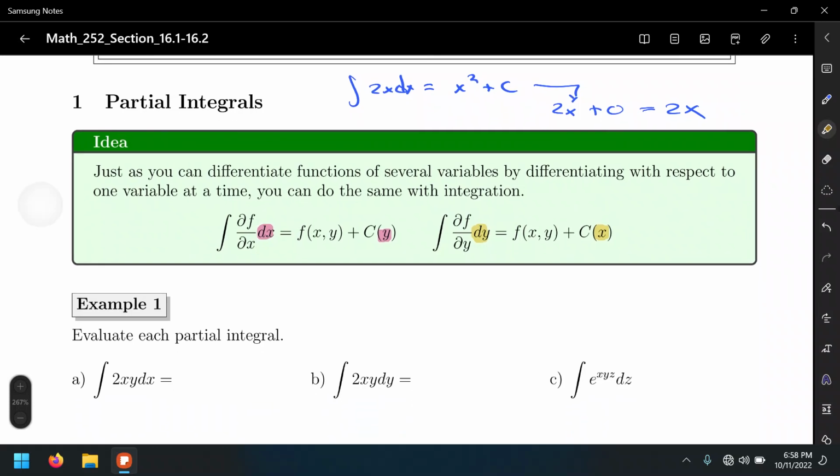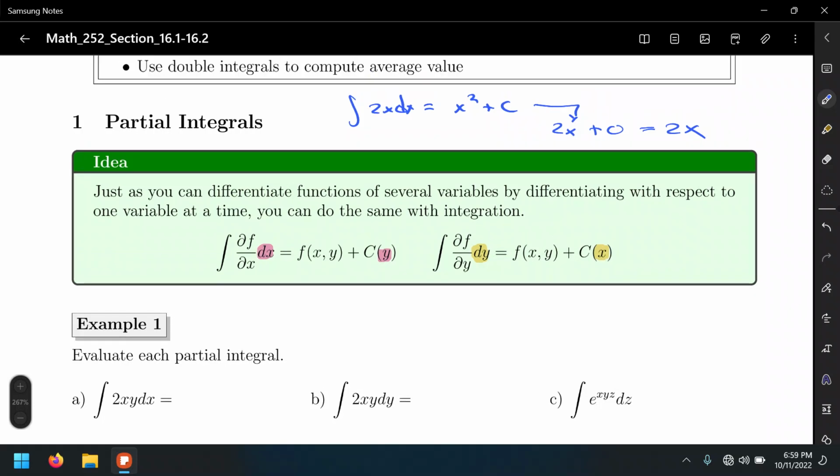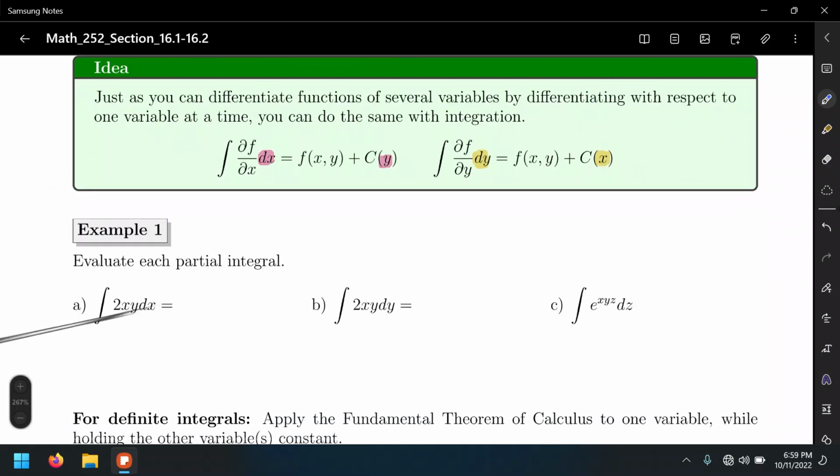So let me give you a couple of examples to show you how we go about partial integration. Just like in regular integrals, a very common practice is to take out the constant and then just worry about the remaining part of the integrand. We're going to do something like that for partial integration. Since we are integrating with respect to x, I'm going to take everything constant outside of the integral.